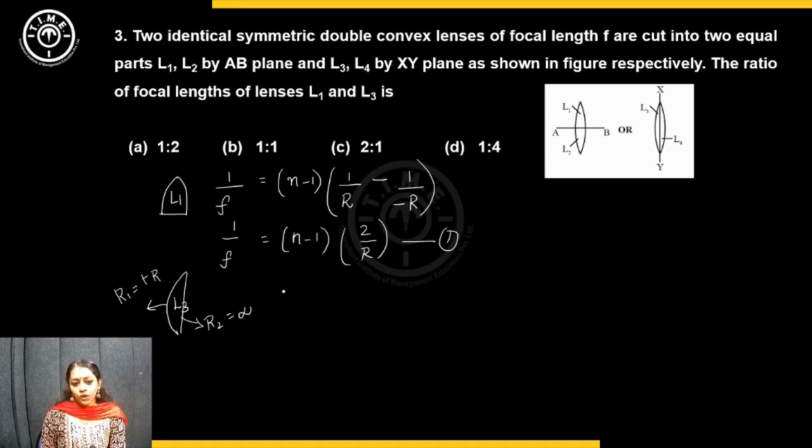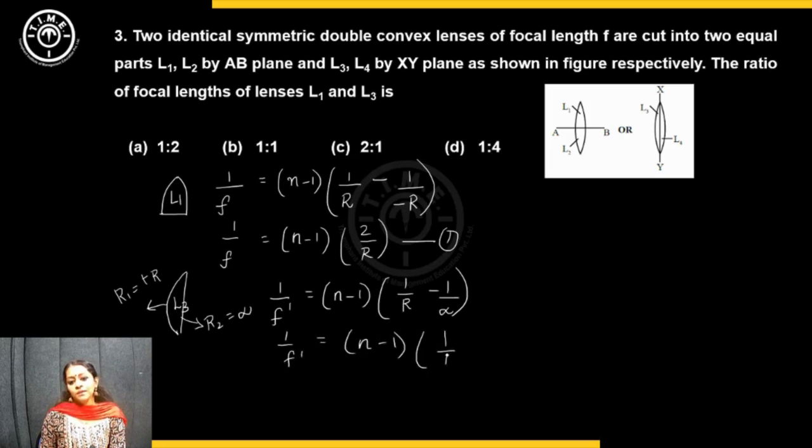Now, when you write the focal length of this piece, you will get 1/f' = (n - 1) into (1/r - 1/infinity). So, this will give you 1/f' = (n - 1) into 1/r. Mark it as equation number 2.